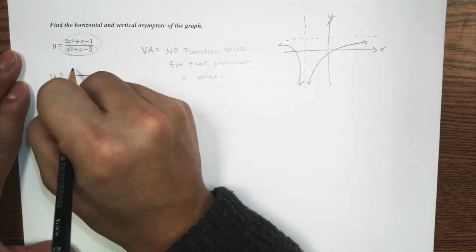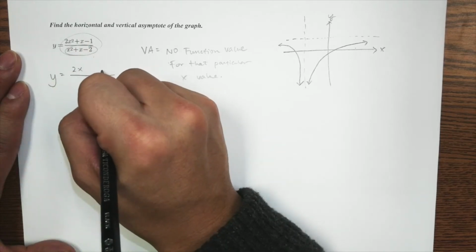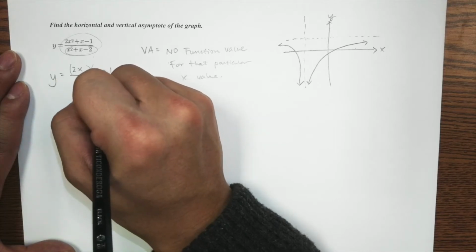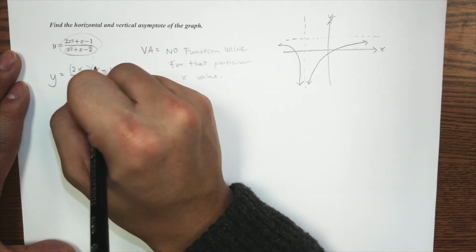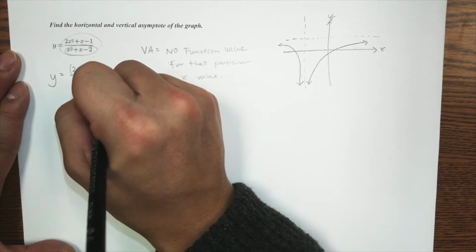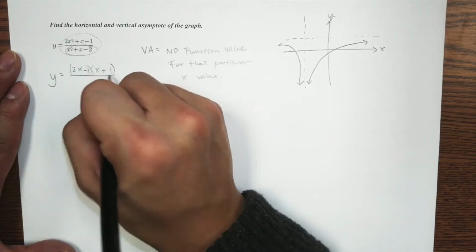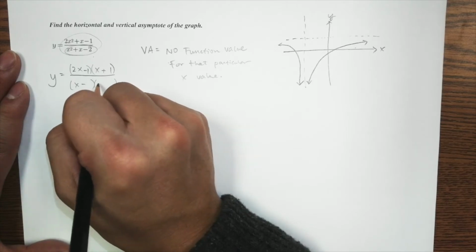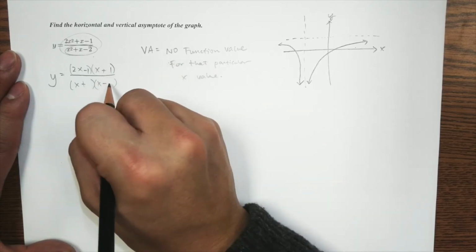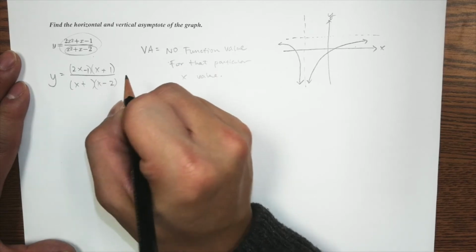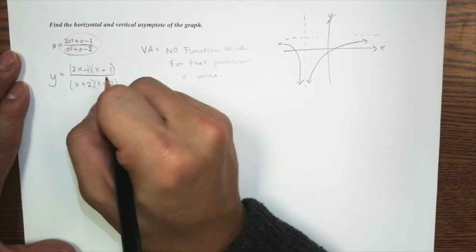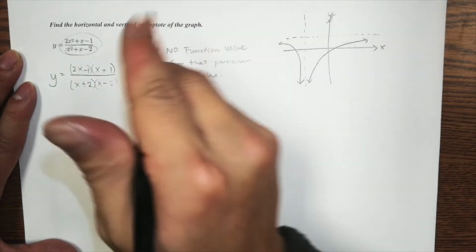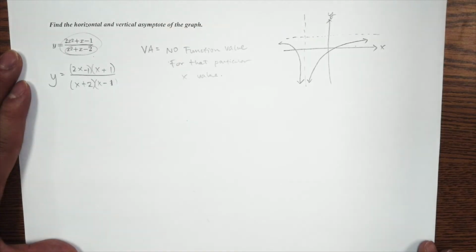So that's the reason why we will go ahead and factor it, and it's going to be x plus 2 and x minus 1. So we factor this, and we have x plus 2 and x minus 1 over here.